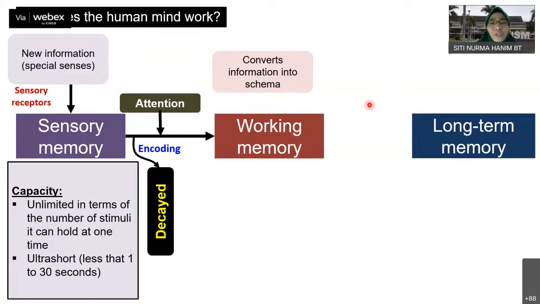It is important for that raw information to be converted into schema in order for you to understand. That's why sometimes in lectures, a student says, oh, now I understand. It means that raw information has been converted into schema. That is the job of working memory.